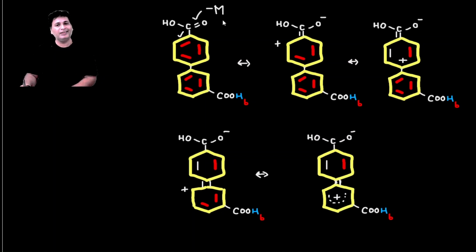effect, and as it can operate its minus M effect, let us see what resonating structures you are going to get. Now, in order to draw the resonating structures, let us look for double, single, double.